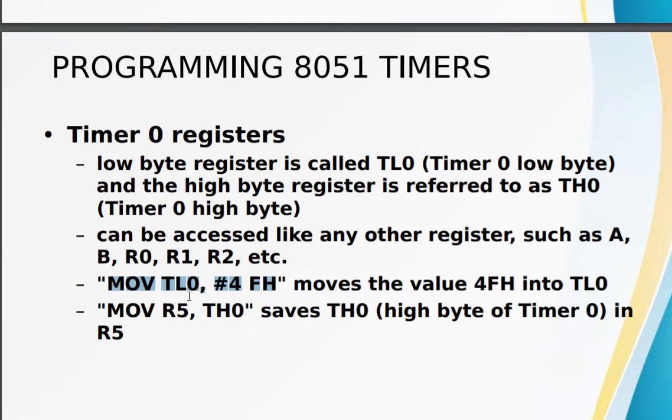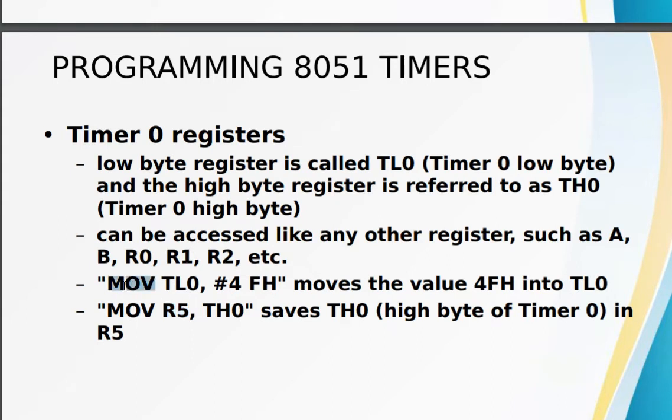In the same way, we can save the value of any register, such as R5, in TH0. That is, the high byte of timer 0 is equal to the value saved in register R5.